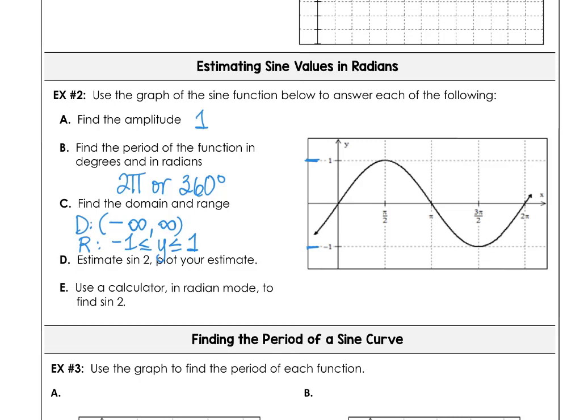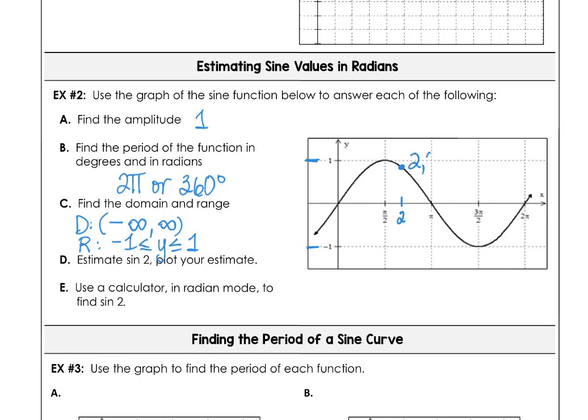Then if I want to estimate the sine of 2, well, I know that pi over 2 is 1.57. So 2 is going to be in here somewhere. And if you come up here and look, it's really close to 1, but not quite. So I'm thinking that 2 is right about there, since pi is 3.14.